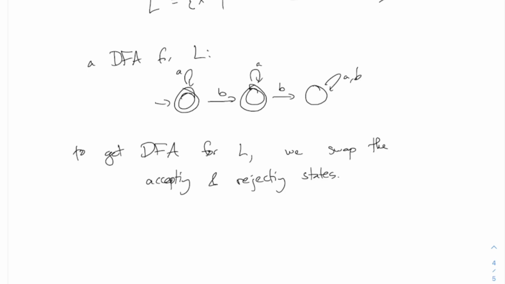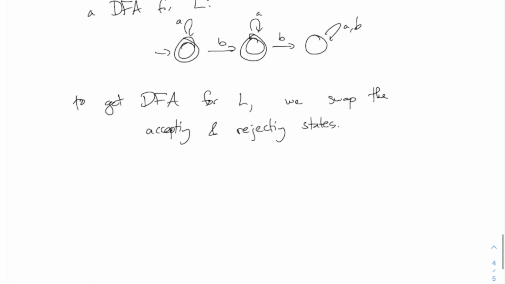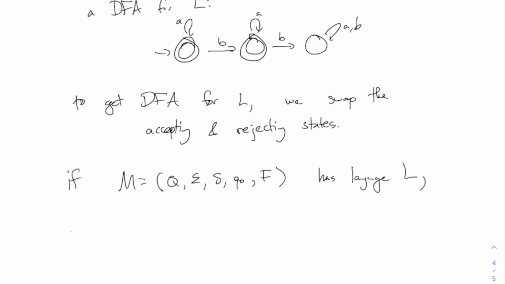All right? And so actually, you can say very nicely, if M, our original DFA, is Q, sigma, delta, Q0, F, and has language L, then I want to fill in the blanks for the machine that has language L bar.